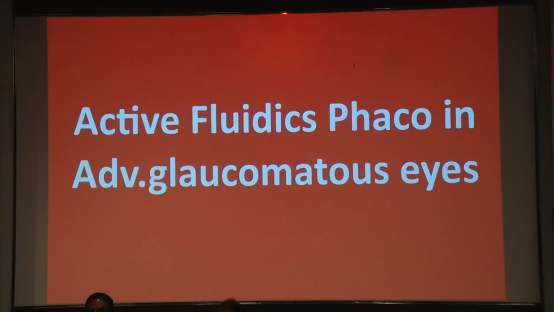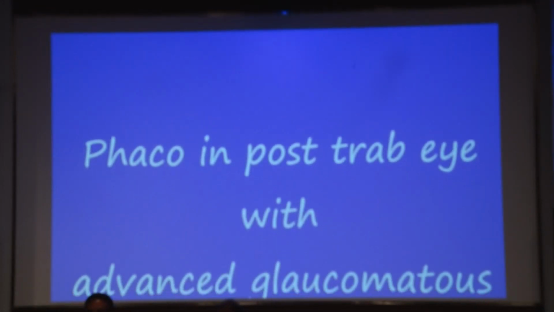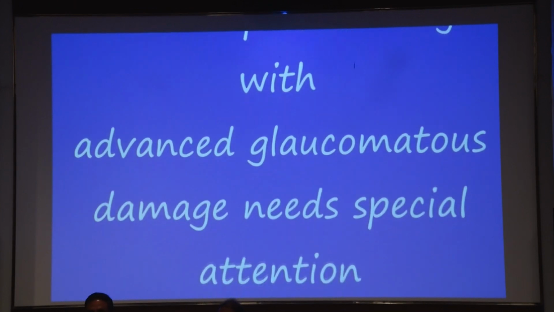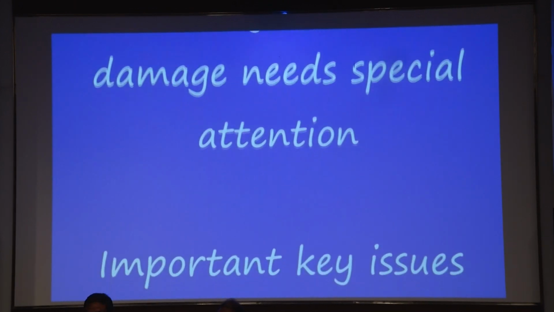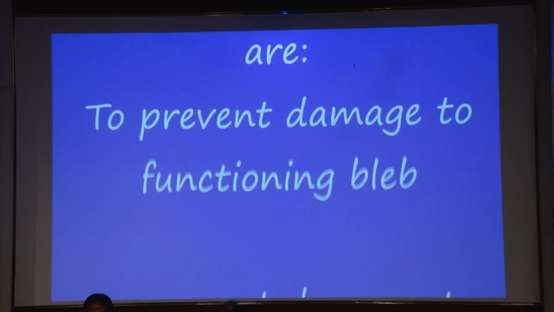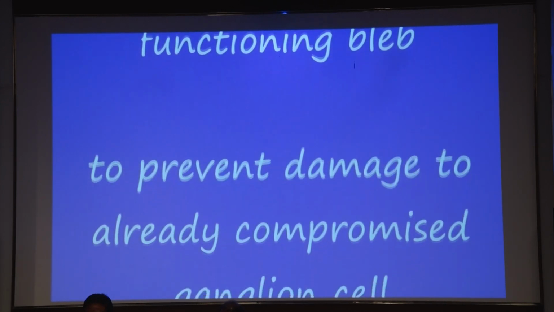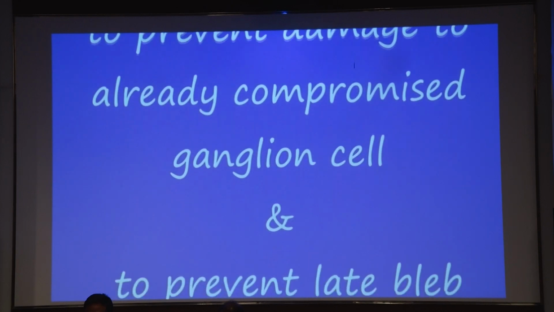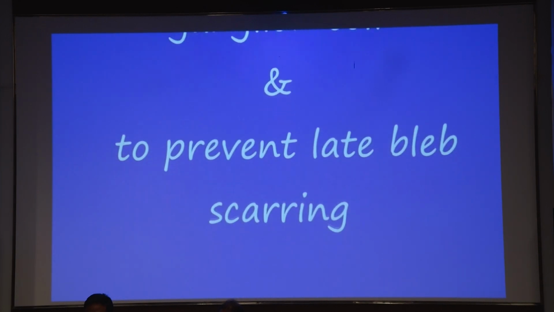Now this is a video, as all the speakers have acknowledged, of glaucoma with advanced cataract, from Dr. Subhash Prasad. I also do the same. Attention: in this we will be seeing phacoemulsification surgery in a functioning bleb, to prevent damage to already compromised ganglion cells, and to prevent late bleb scarring.